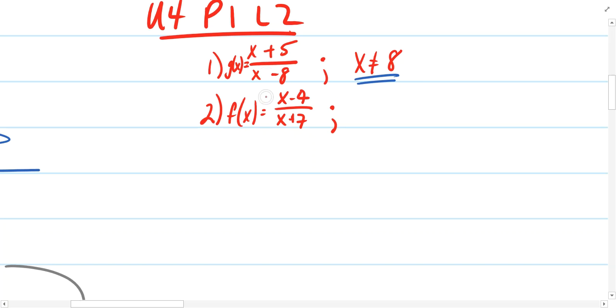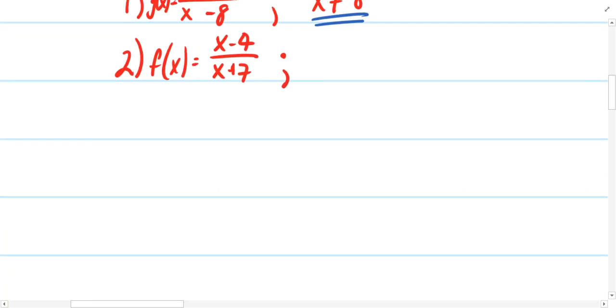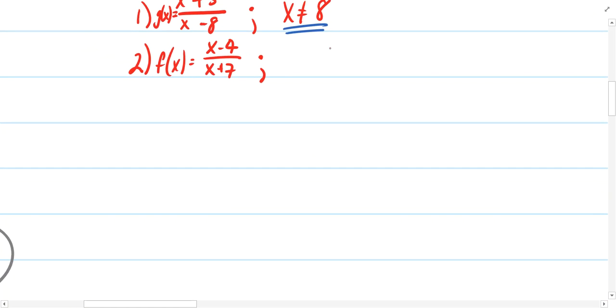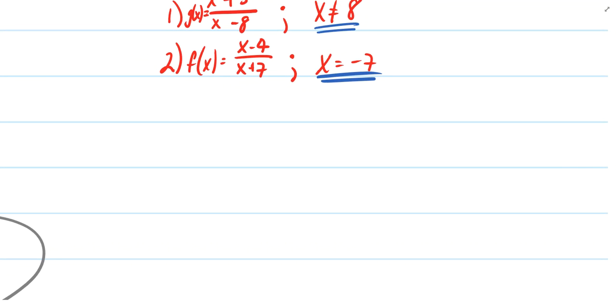So the domain restriction here, in much the same way, since we're dealing with a fraction, is that we don't want x to be equal to negative 7. And this is for much the same reasons as before. If x was ever allowed to be equal to negative 7, then that would produce a 0 in the denominator, which we would like to avoid. And I probably should note that x is not allowed to equal negative 7.